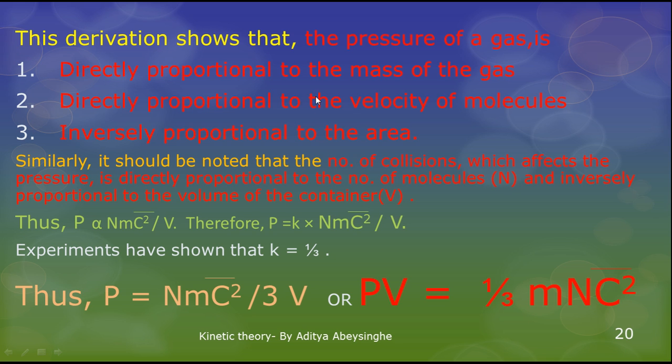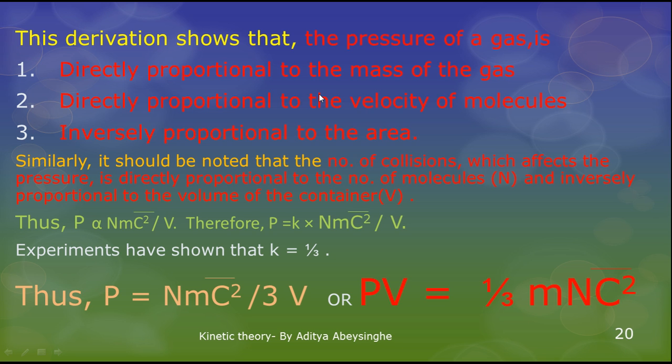However, when the number of molecules increases, the number of collisions increases. When the number of molecules decreases, there is less probability that these molecules will exert some sort of force, and hence some pressure.